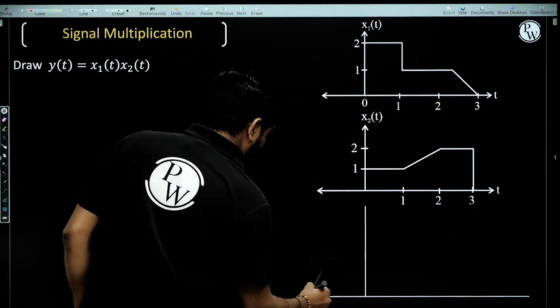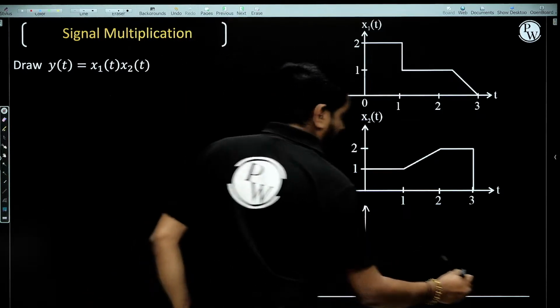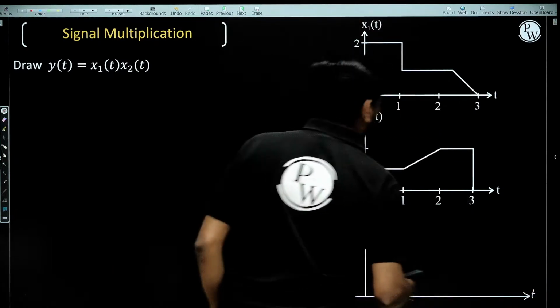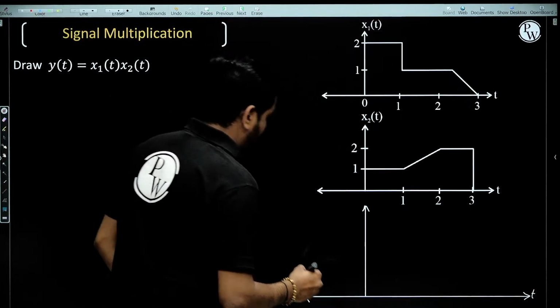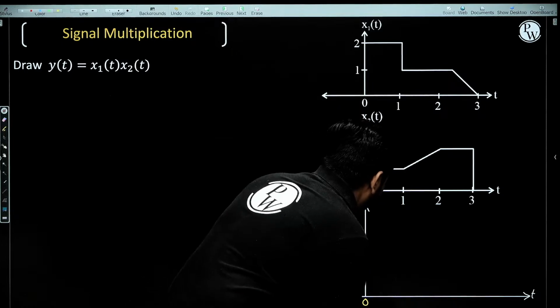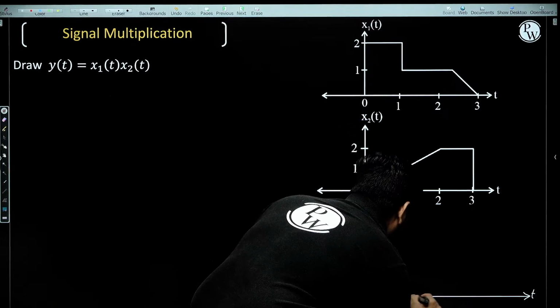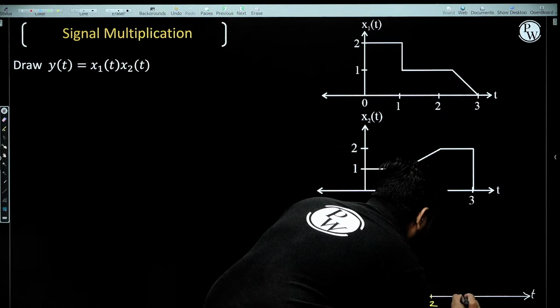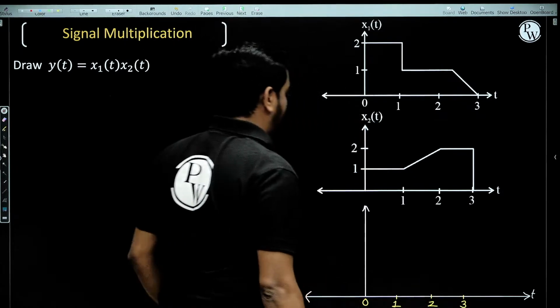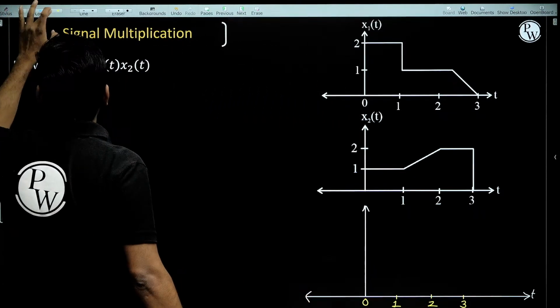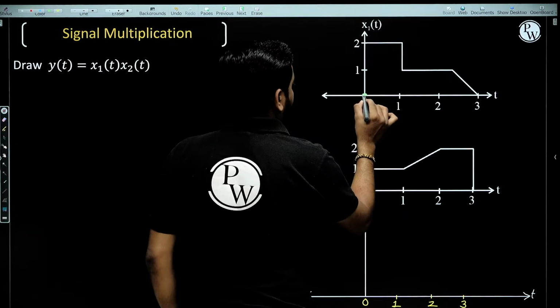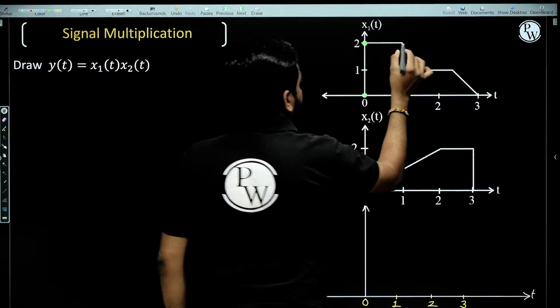Now signal multiplication. In a similar way, you can do signal multiplication also. This is 0, then next is 1, 2, 3. Again, mark all the amplitudes here, first this one, then this.